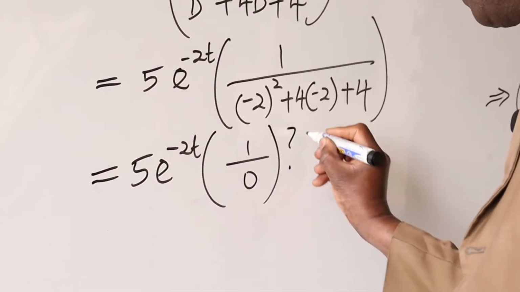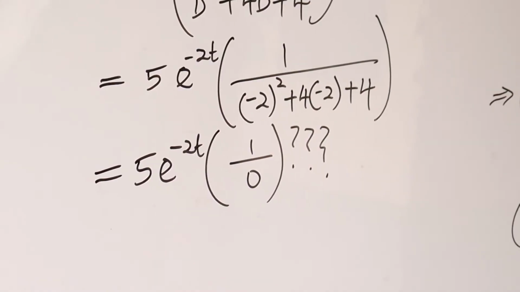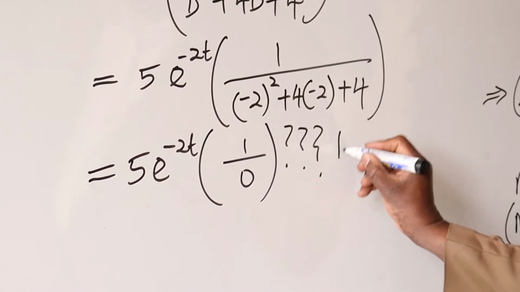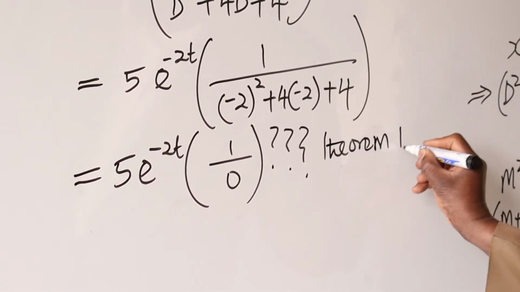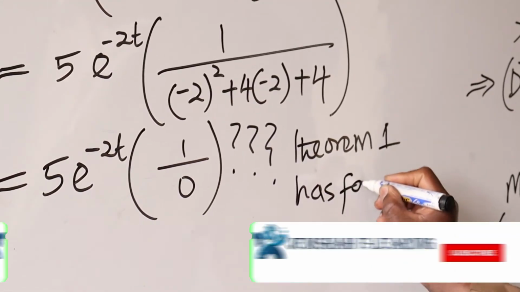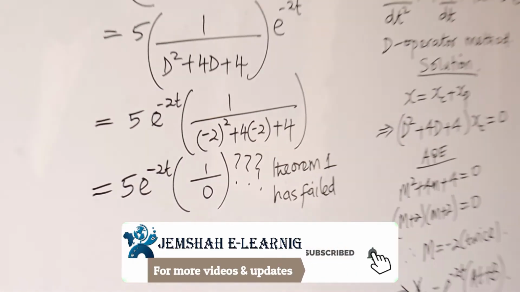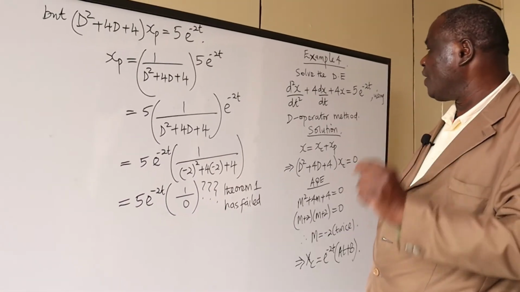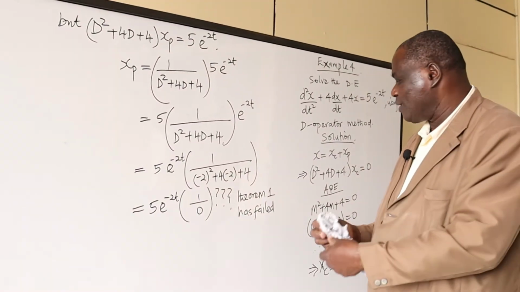There is a question mark because 1 over 0 does not exist. It is an infinite value. So we say theorem 1 has failed. And if it has failed, now we are going to use theorem 2.